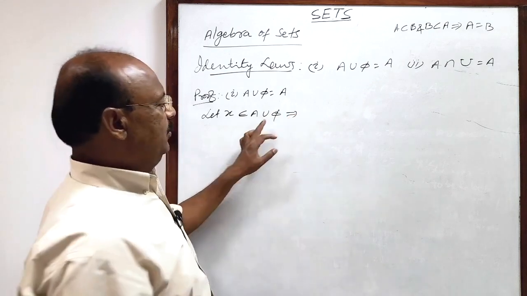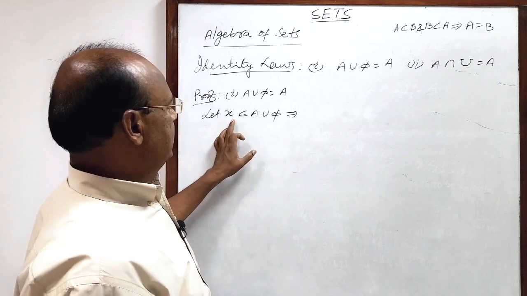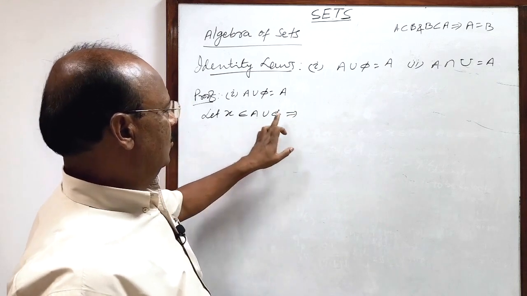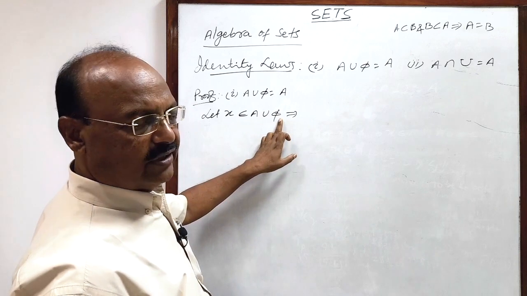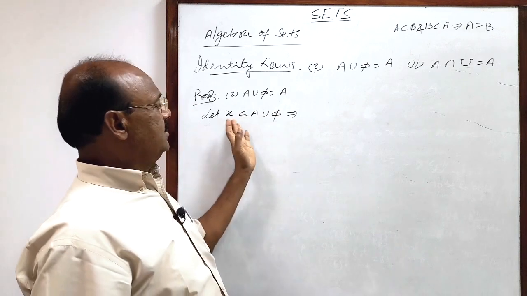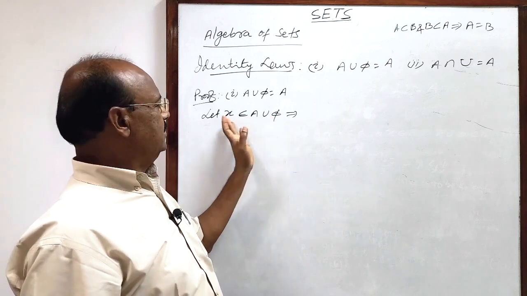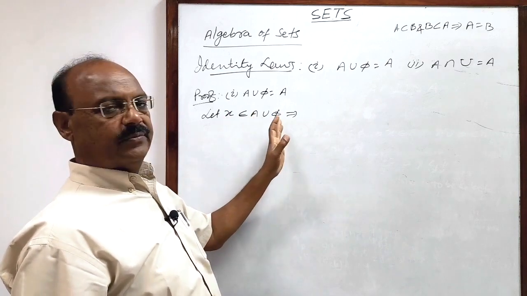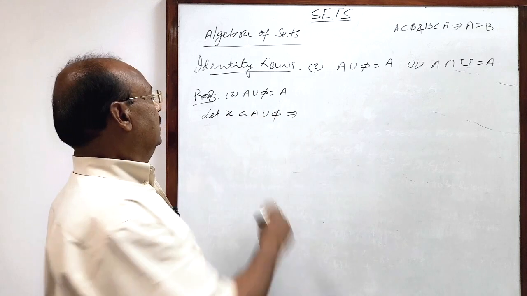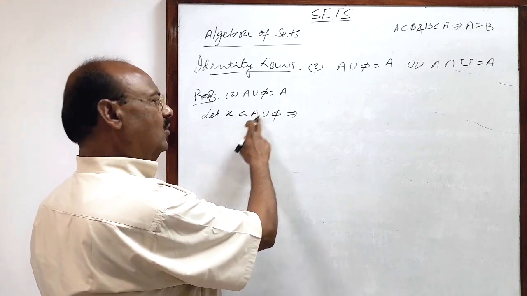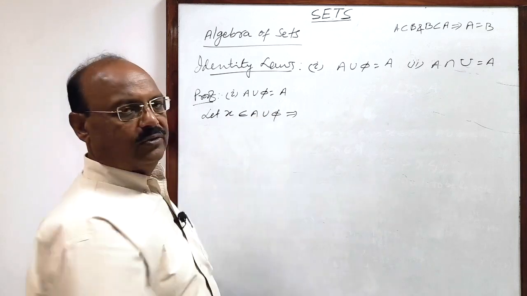By the definition of union of two sets, X is belonging to set A or X is belonging to set phi. Of course, X may belong to both the sets, but if X is not belonging to both the sets, in spite of that, X may belong to A or X may belong to phi.